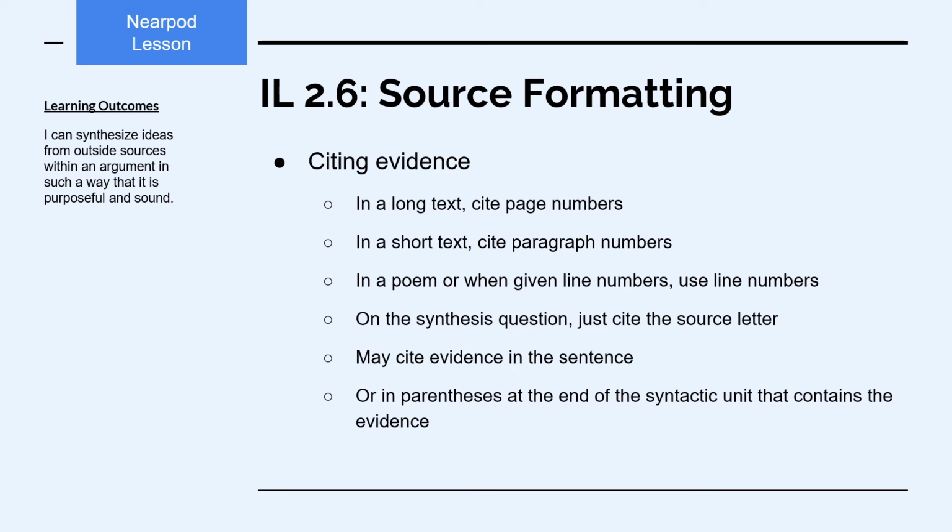If you put that citation at the end of the sentence, it makes it sound like all the ideas from that sentence are synthesized from a source, when if some of those ideas are your own commentary, you don't want that to be the case. So always put it at the end of the phrase or the clause that contains the actual synthesized evidence.